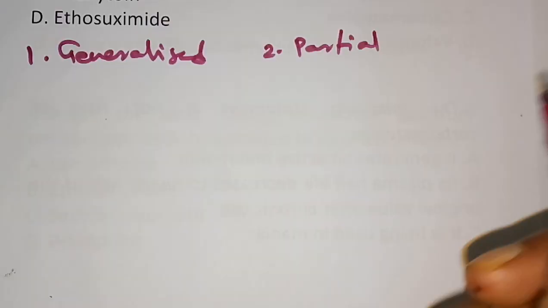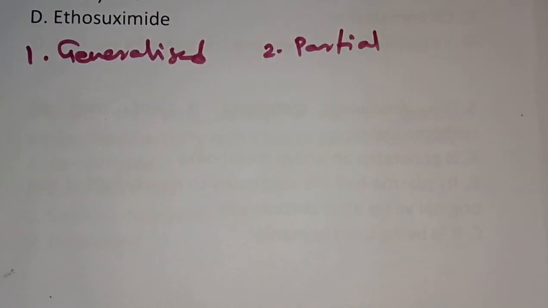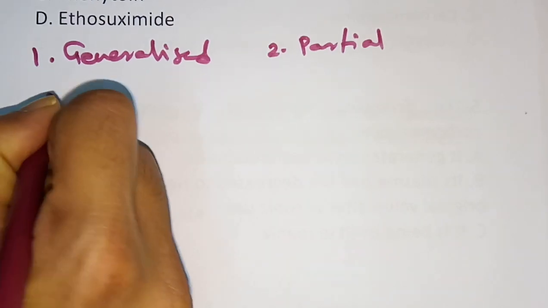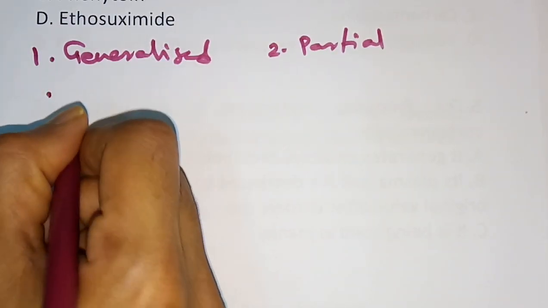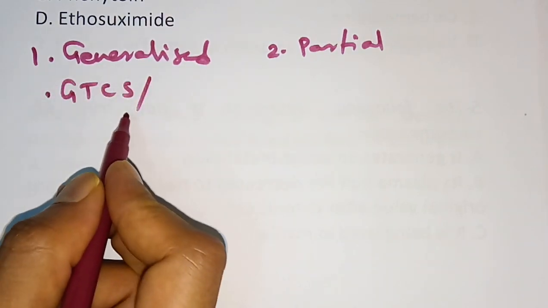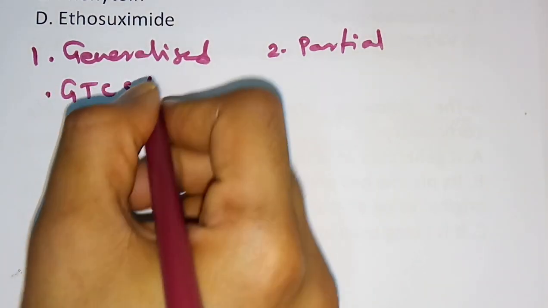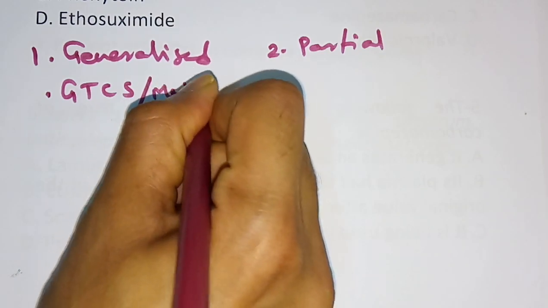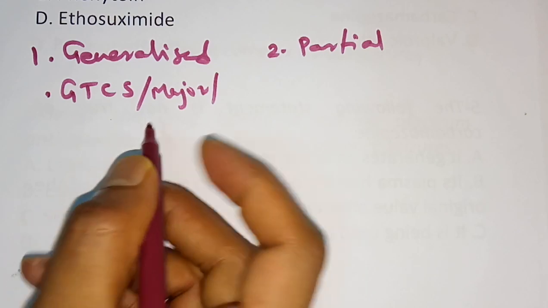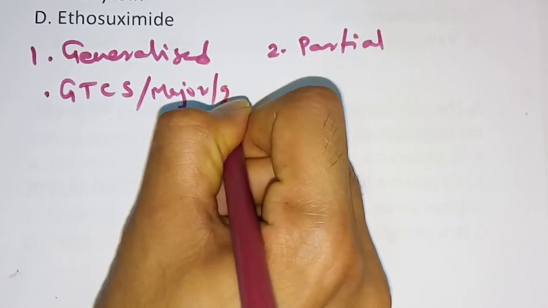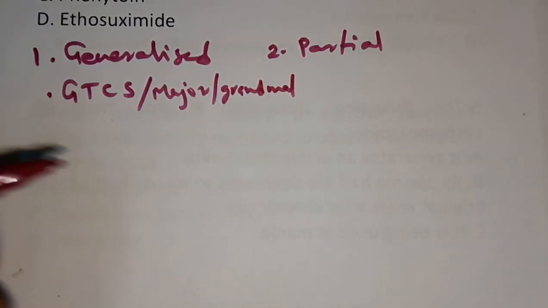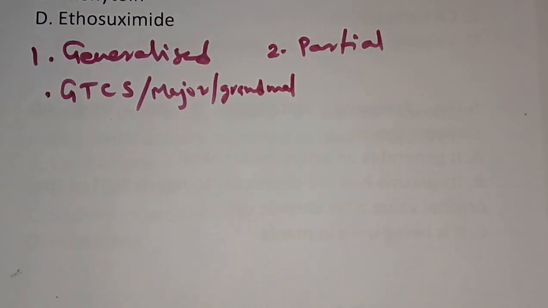In generalized, they are classified into generalized tonic-clonic seizure, GTCS, or major epilepsy. It's also known as grand mal epilepsy. These are the different names of GTCS, generalized tonic-clonic seizure.